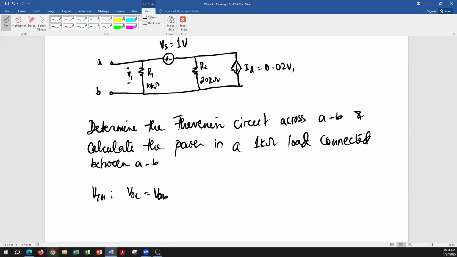Any suggestion? If you're solving this and you have to find V open circuit, VAB, what can you apply? Okay, and which node are you going to choose to apply nodal analysis?